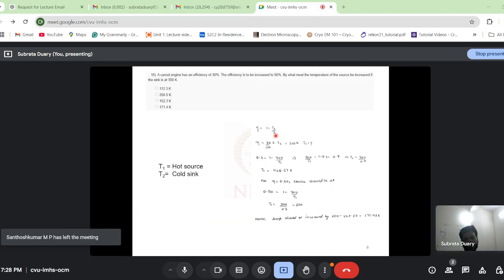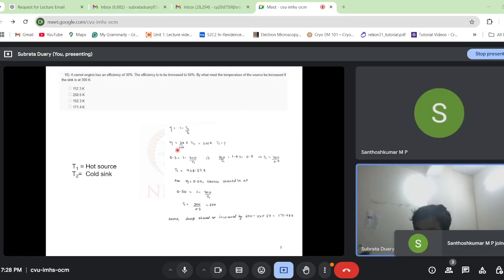T2 has to be very less compared to T1. So T1 has to be high, T2 has to be low. That means the hot source has a higher temperature than the cold sink, as a result of which you are increasing the efficiency of this Carnot engine.